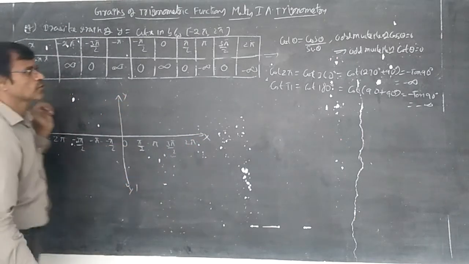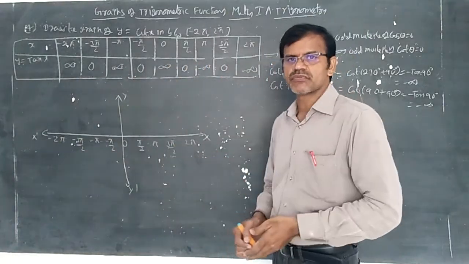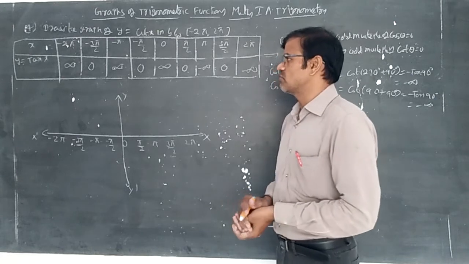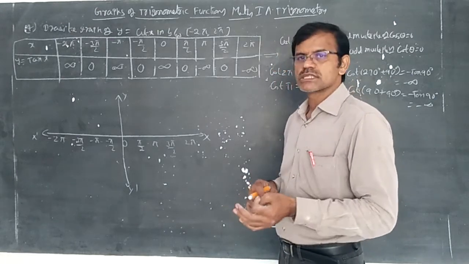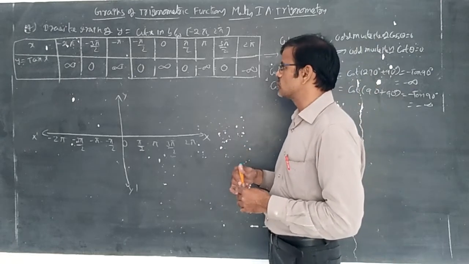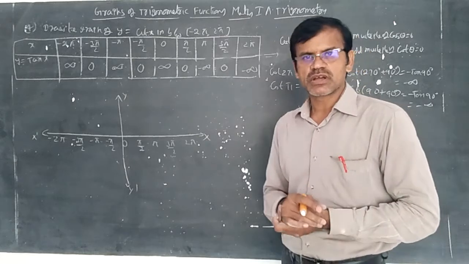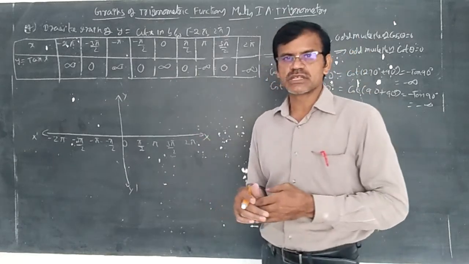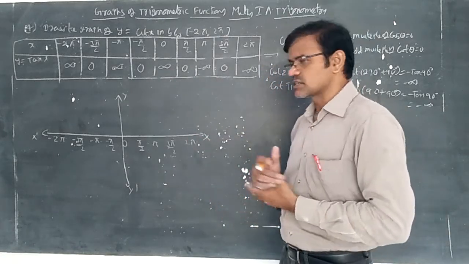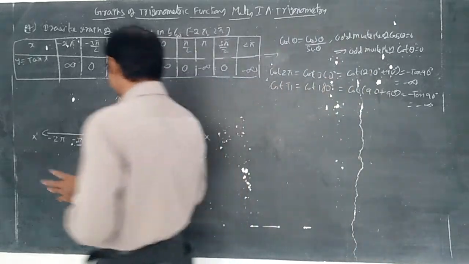You can understand now the range of cot x is minus infinity to plus infinity, real numbers. We are going to discuss the domain and range in the next class. Simply, the range of sin x is minus 1 to 1, the range of cos x is minus 1 to 1, the range of tan x is minus infinity to infinity, and the range of cot x is also minus infinity to infinity.